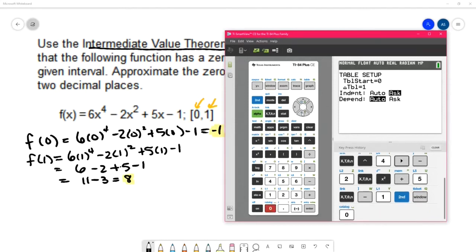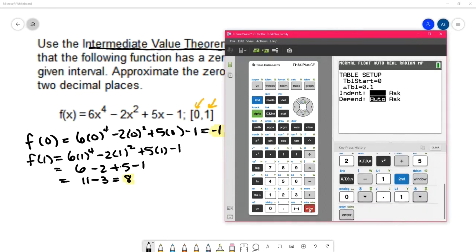So we want to start at 0. And I am looking to figure out the first decimal place. So I'm going to make this change in table. So it's going to increment every 0.1. And then I also need to change this to auto instead of ask.